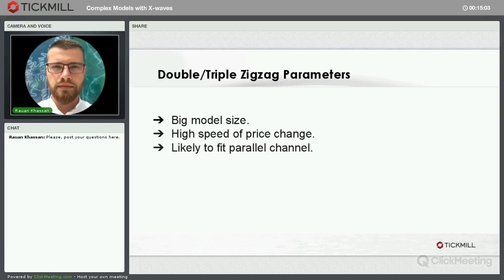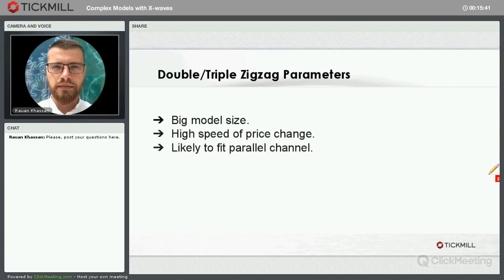First, usually it's a big model size. When the market goes into the phase of double or triple zigzags, it is likely to expect that this currency pair is going to have a big move in terms of pips distance. The second property, which is likely for double or triple zigzag, is its volatility, or in other words, high speed of price change.